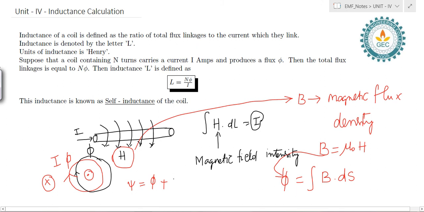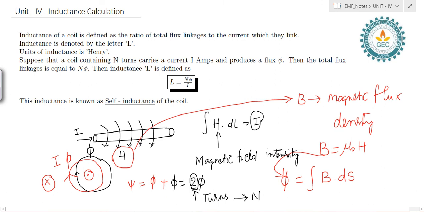So the total number of flux linkages is equal to 2 phi. Each loop is called a turn. In general, the number of turns is represented with N.